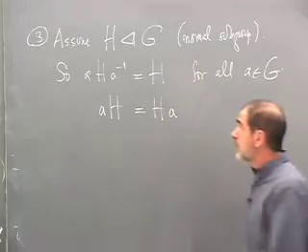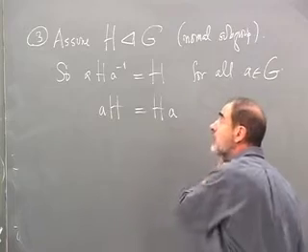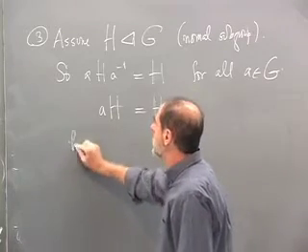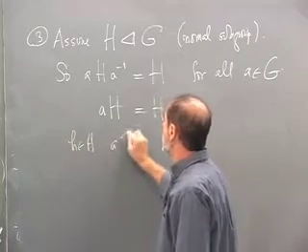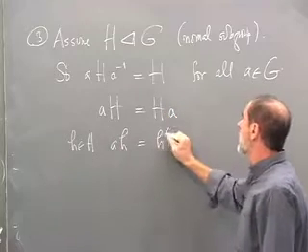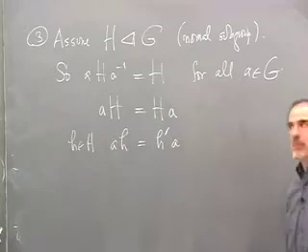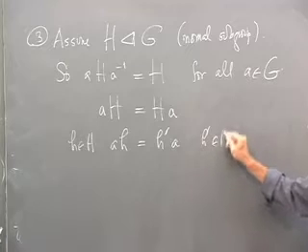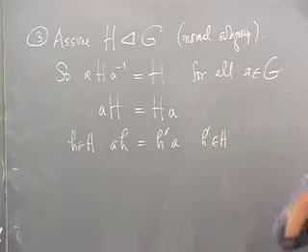Okay? Doesn't mean that A commutes with everything in H. It means that if you have an element H in H, then AH can be written as some H prime A for H prime in H. Okay? It just preserves it as a set. It doesn't commute with everything in H. Okay?